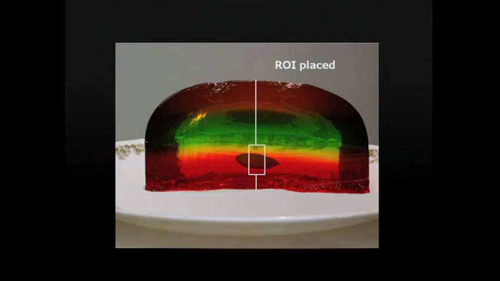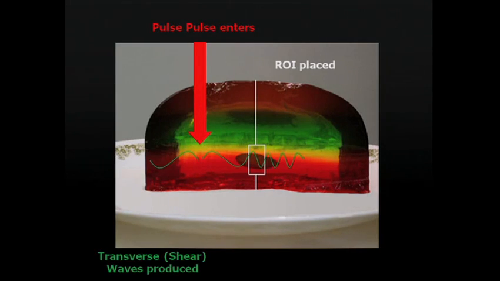Here we place our ROI, we apply our push pulse, which generates the ripples in the tissue, and those shear waves are going to move at a speed that's based on the stiffness of that tissue. And again, we're going to use our detection B-mode pulses to measure that velocity.